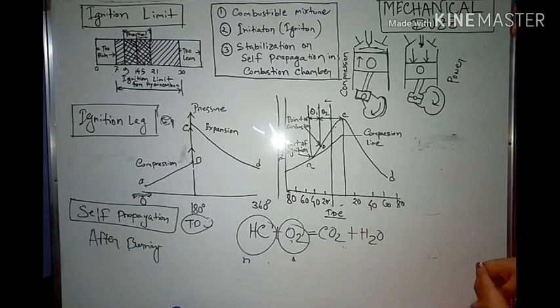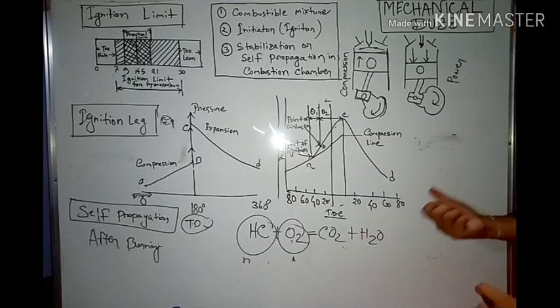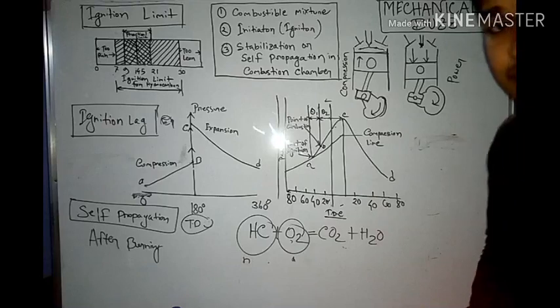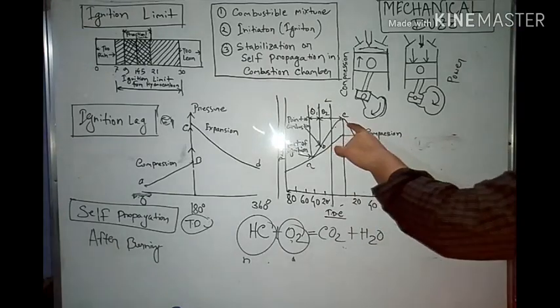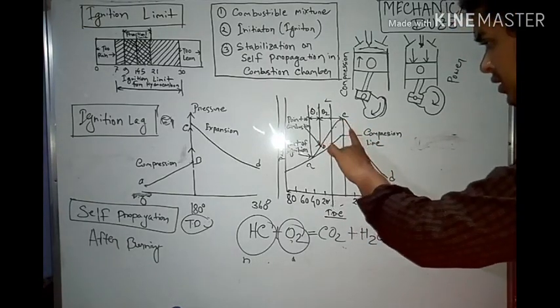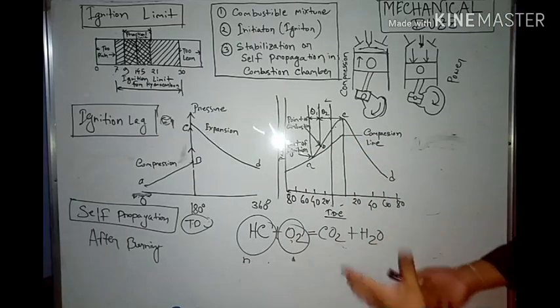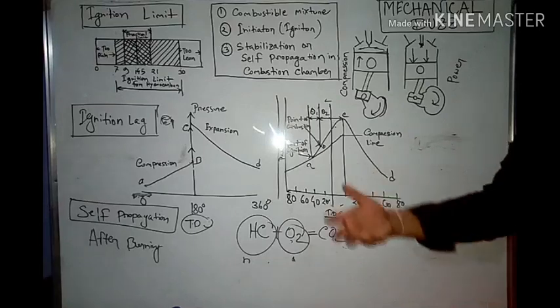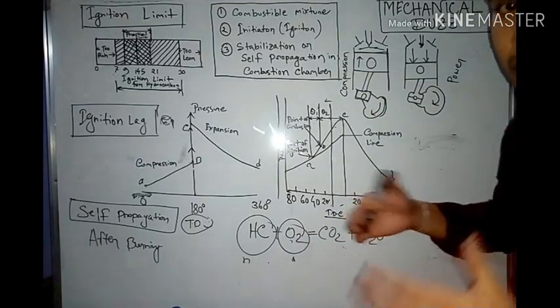And in a rich mixture, because of the lack of oxygen, some of the fuel is going to burn after this point. So that also burns at this point, and if it is very rich, then it will emit some hydrocarbons, which are very odorous.